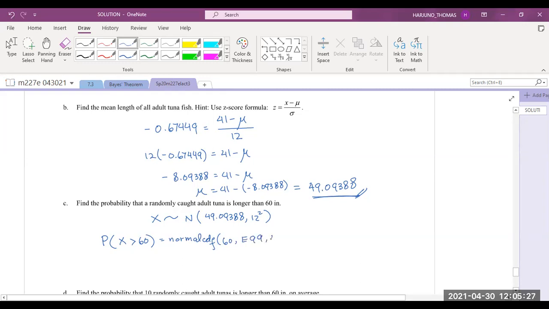The mean is 49.09388. Standard deviation 12. I get 0.18172. That's the probability.